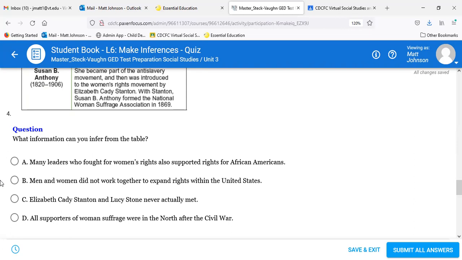C, Elizabeth Cady Stanton and Lucy Stone never actually met. D, all supporters of women's suffrage were in the North after the Civil War.